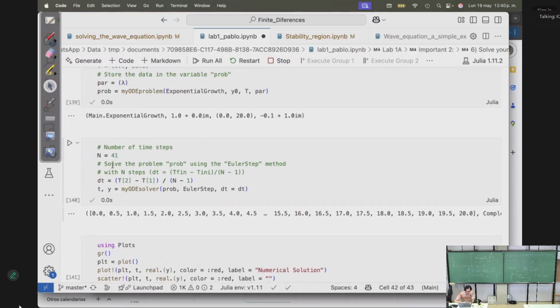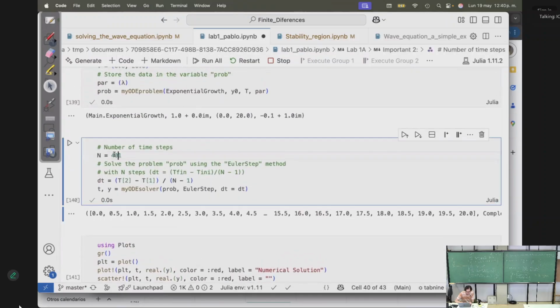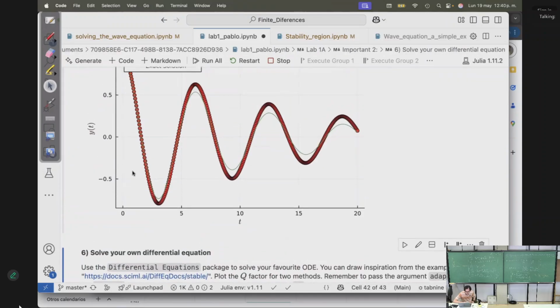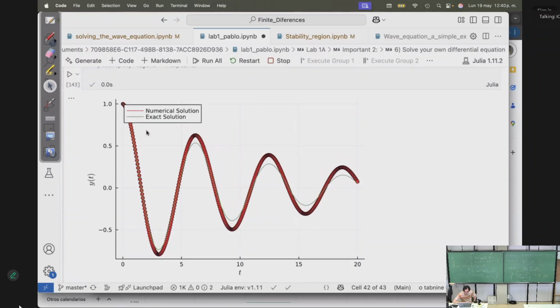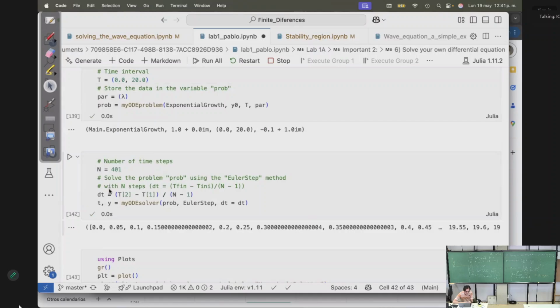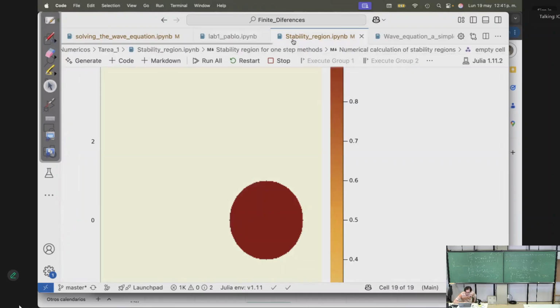Now we will use a larger value of n, and actually we see that the numerical solution is not good, but it's actually decaying too. So this is actually also stable. Here we are starting to get inside the stability region.